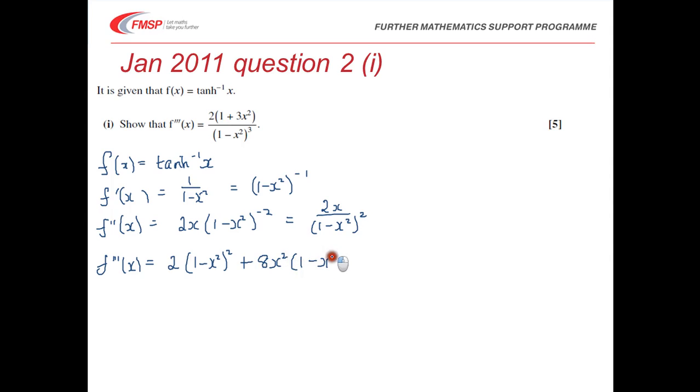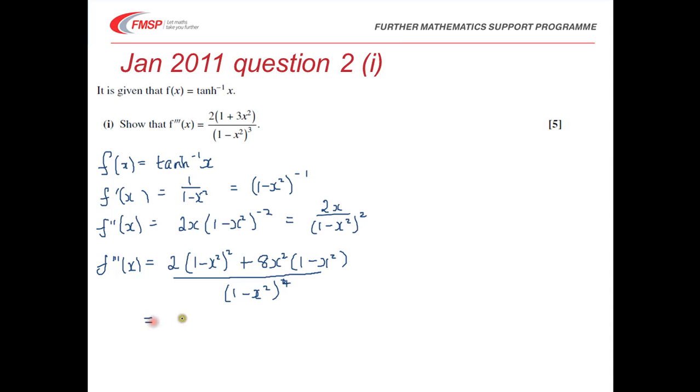I'll let you just check that differentiation there, and that's all going to be over v squared, which is 1 minus x squared all squared. And then it's going to be squared again, so it's actually to the power of 4, that's right.